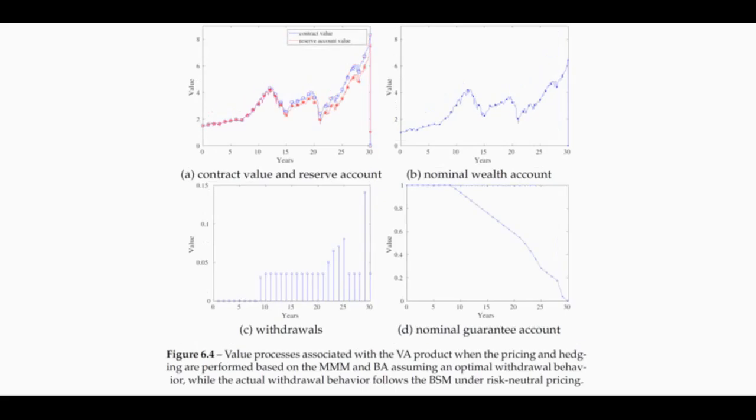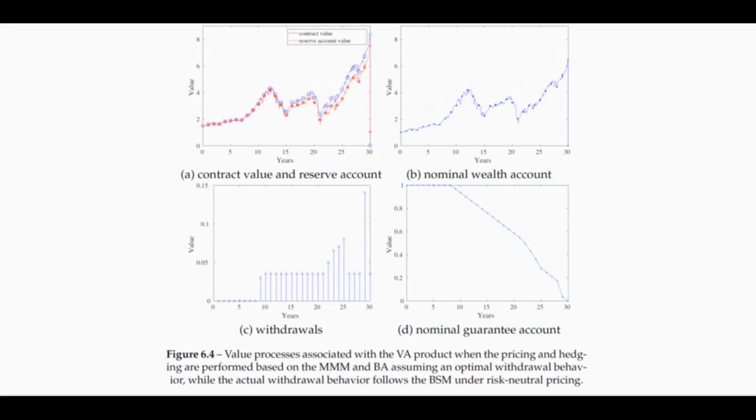The next situation is that the insurance company assumes a minimum market model approach, and the policyholder made withdrawals following a Black-Scholes view.